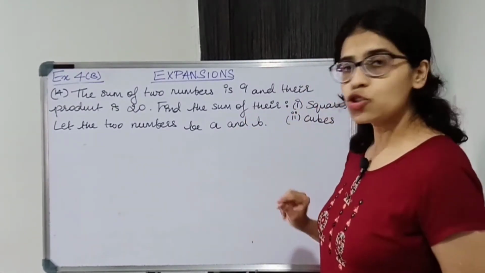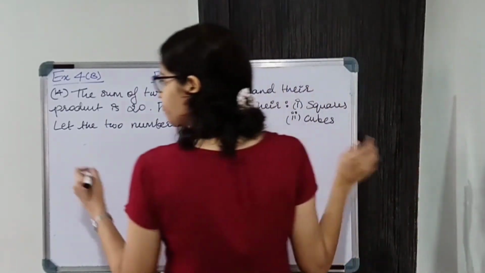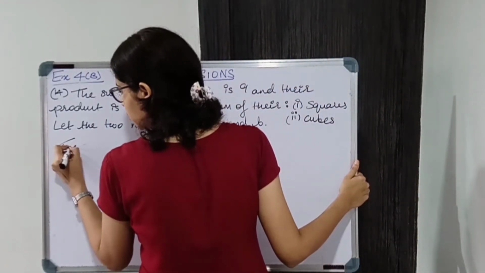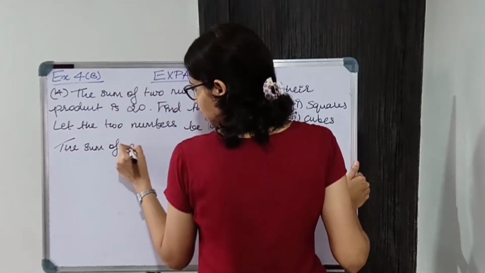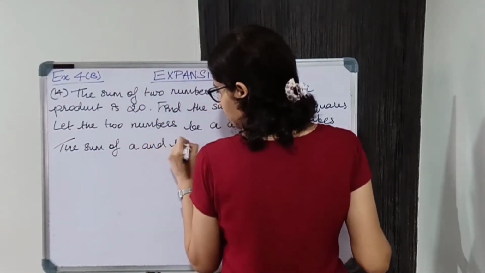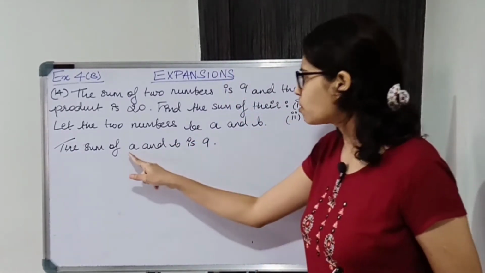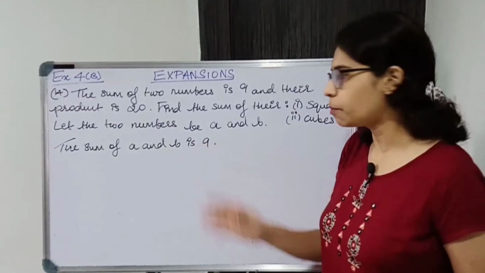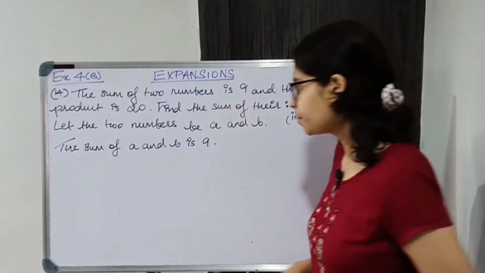Now there are two conditions given. First one is the sum of two numbers is 9. The sum of a and b is 9. You can also write down sum of two numbers is 9, does not matter. Over here I have assumed them to be a and b, so I have directly written that.